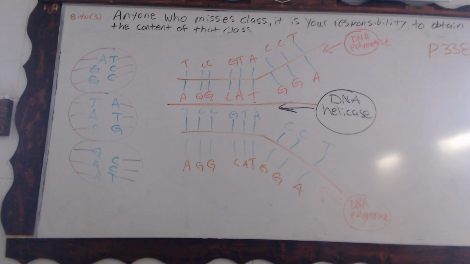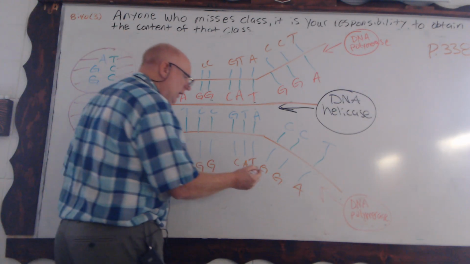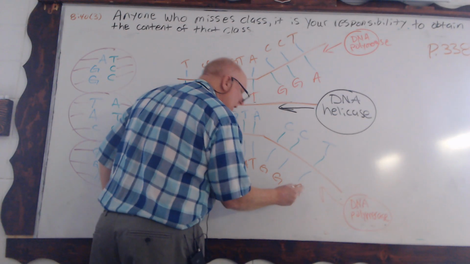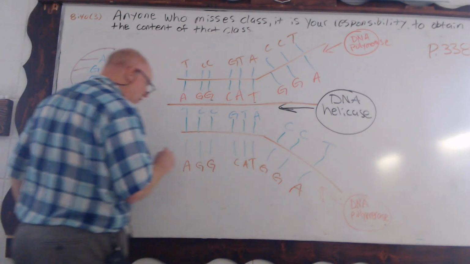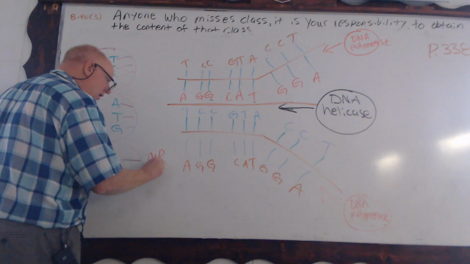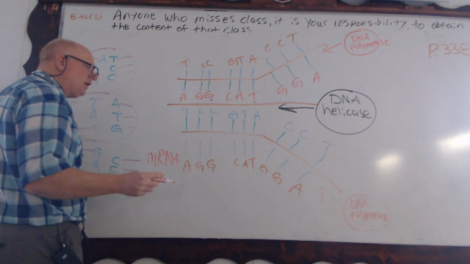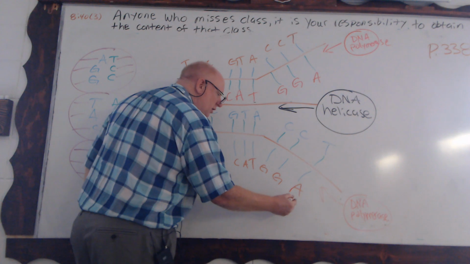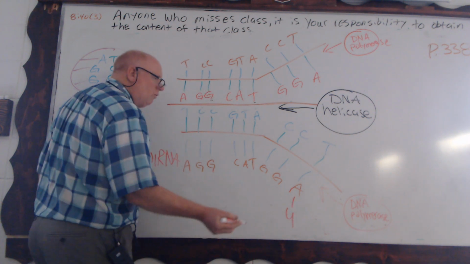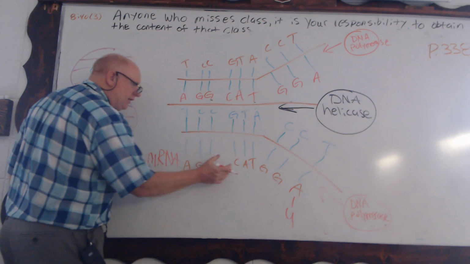So wherever we see an A, we would put a U. If this was DNA, we would put a T. But now we're doing mRNA. So what bonds to adenine? Uracil. Same thing for everything else.